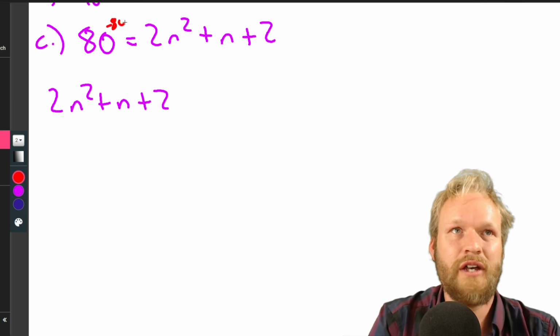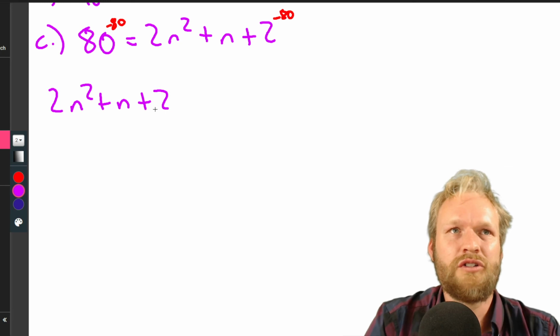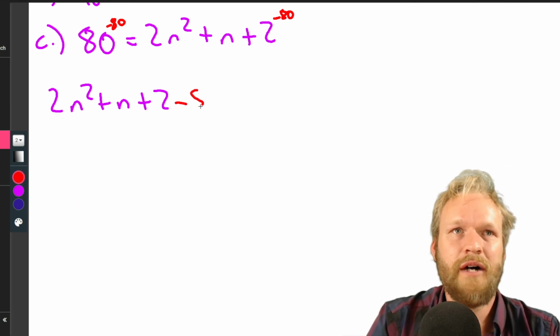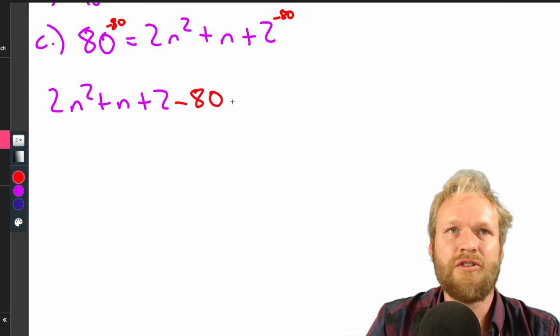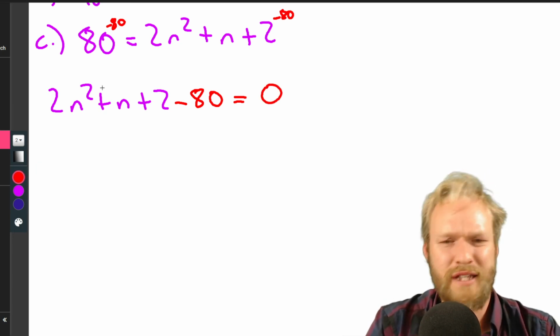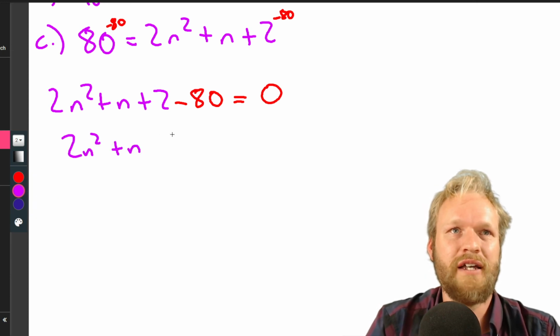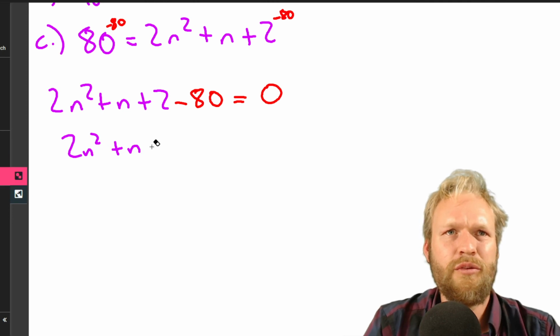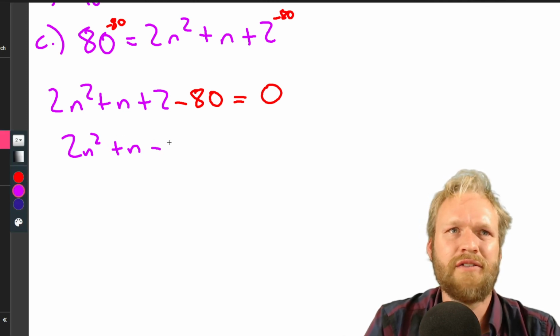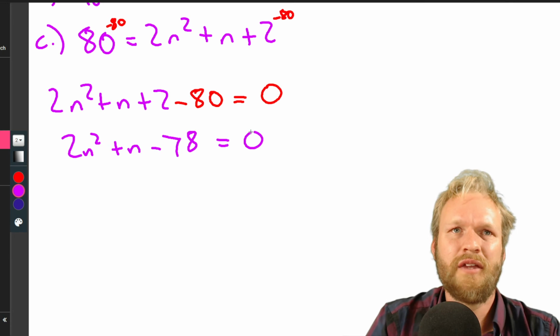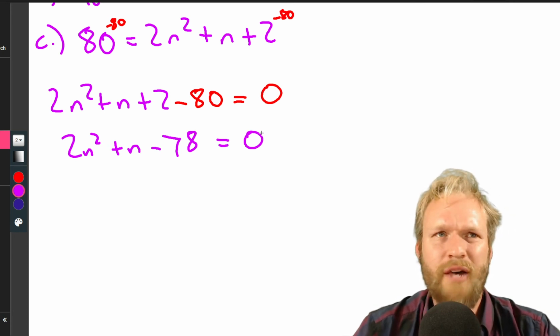The reason we do that is then it equals 0, and then we can factorize. So 2n squared plus n plus, well, wait a second, 2 minus 80, I think that gives us minus 78, equals 0, and we solve.